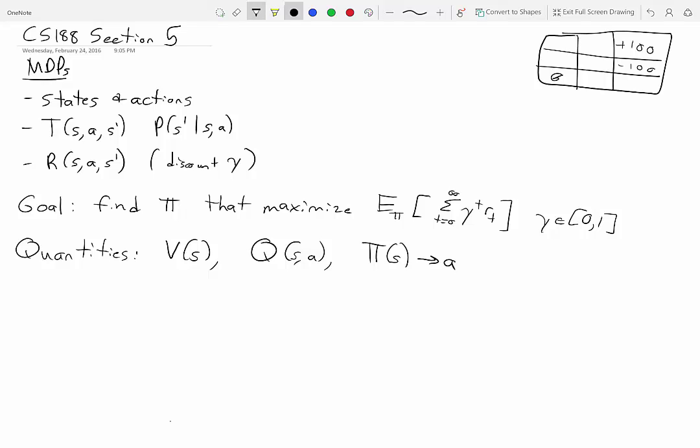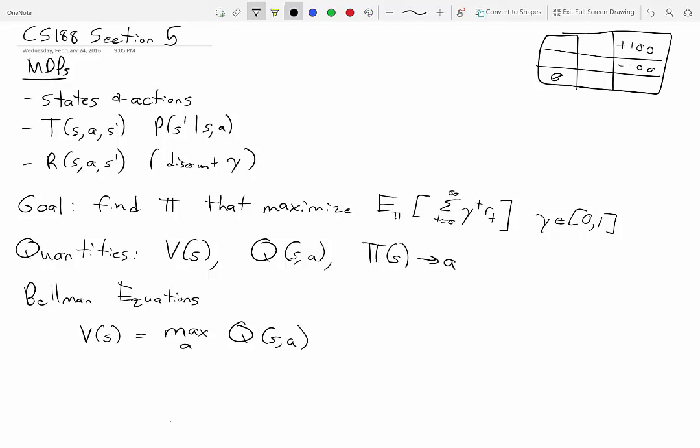So now when we're talking about MDPs, we have a set of equations that we always refer to, and we call these the Bellman equations. And it's basically just an alternating recursion. So first, let me write it out. So we have the value of S equals the max action of the Q value from that state over the actions.